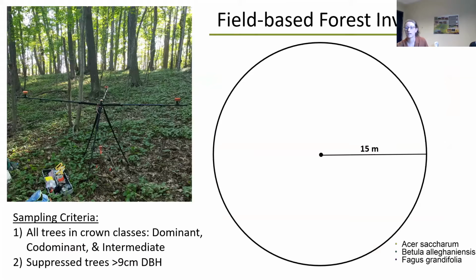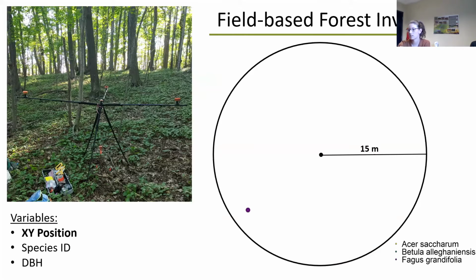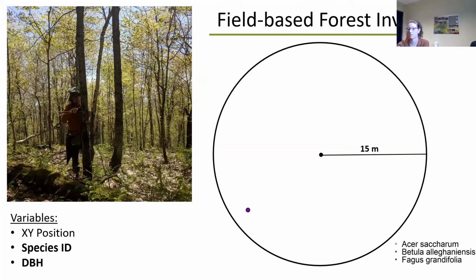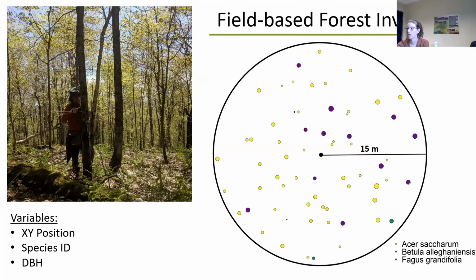All trees in the crown classes dominant, codominant, and intermediate, which I'll define later, were quantified, as well as suppressed trees greater than 9 centimeters. In relation to the plot center, we obtained an XY position of each trunk. The species was identified and the diameter breast height was quantified. After doing that for all the trees, we have a map of all the tree trunks.